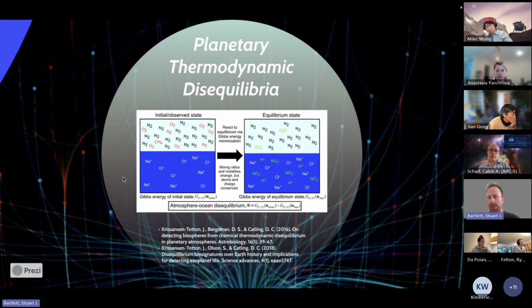And this could potentially be used to detect life under the assumption that the more thermodynamic disequilibria we detect in a planetary atmosphere, the more likely that life is present, producing or maintaining that disequilibrium.